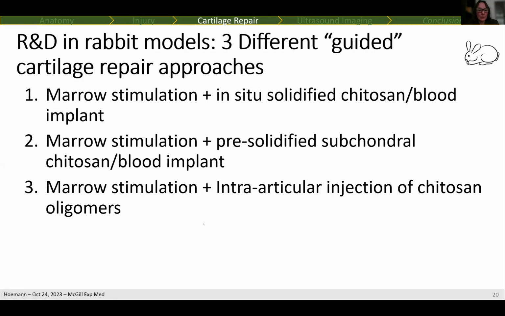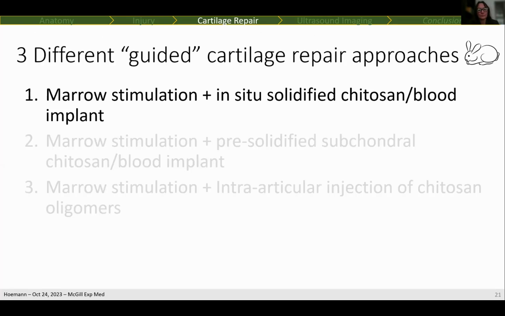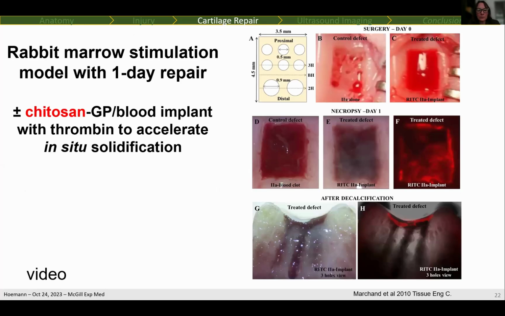Okay. And then marrow stimulation with a pre-solidified implant, and then intra-articular injection of chitosan oligomers. So this was the work of my student, Catherine Marchand, and she was developing a model for micro drilling in the rabbit, testing the effect of different size drill holes.